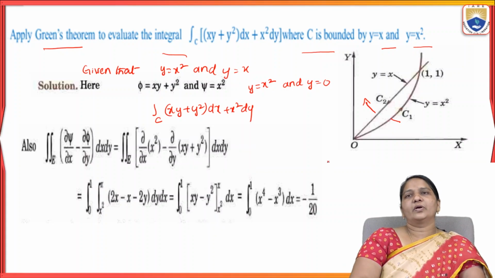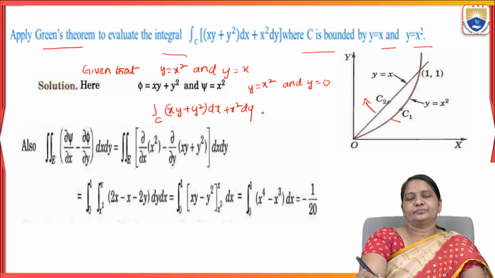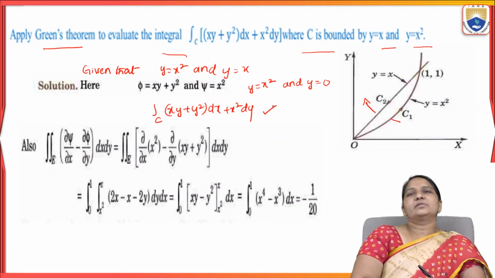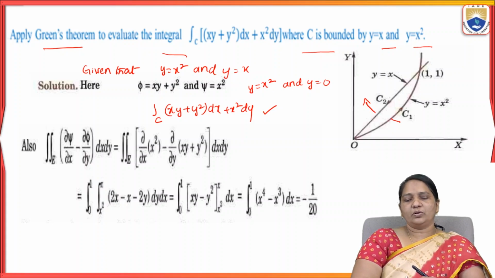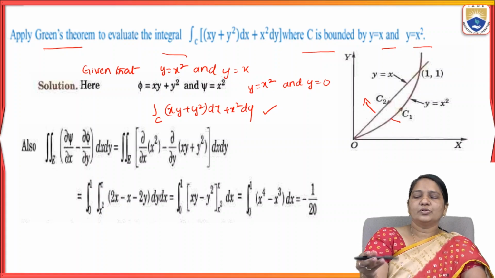So here, first of all, what is the m value and what is the n value. Here, what is the statement of the Green's theorem? First, we should know. So, what is the statement of the Green's theorem?